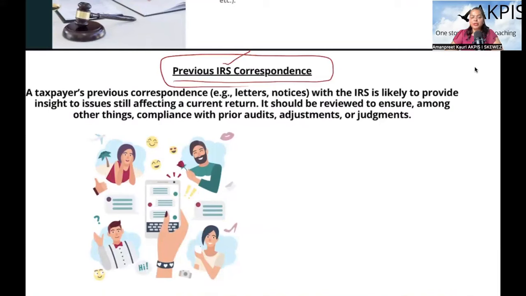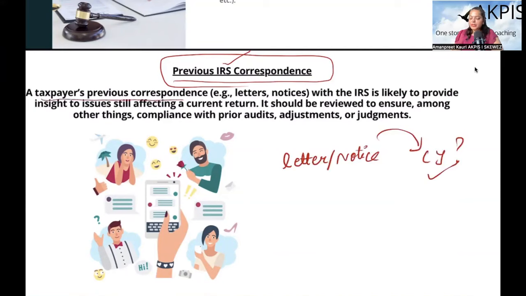If you received any notice or letter from the IRS, it will provide an insight, a base, a look into what further course of action needs to be followed in the current income tax return. For example, if you received any letter or notice from the income tax department last year, what kind of impact will it have in the current year? That correspondence is equally important, right, while filing the income tax return for the current year.